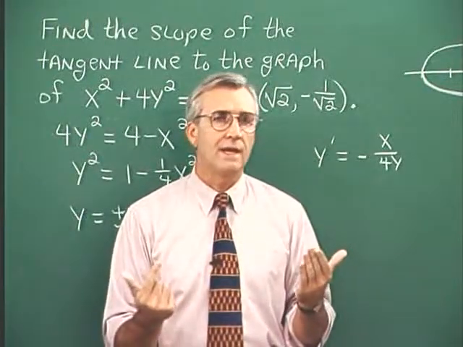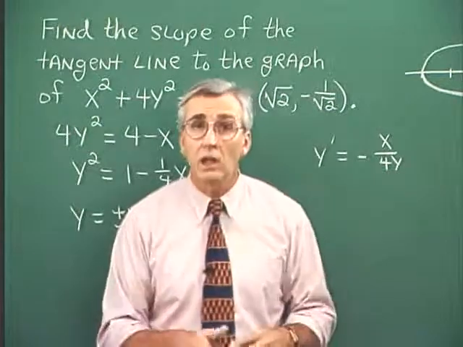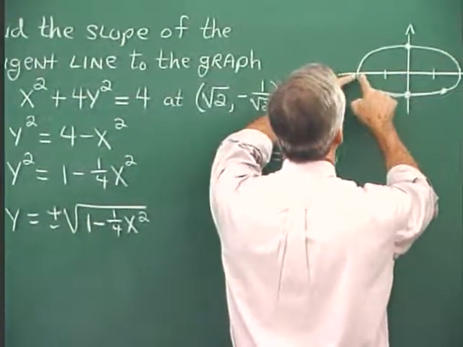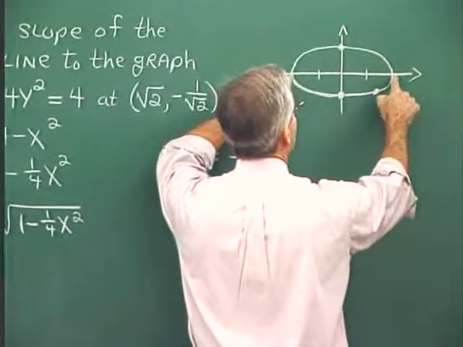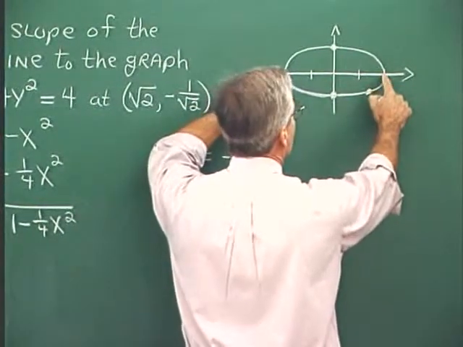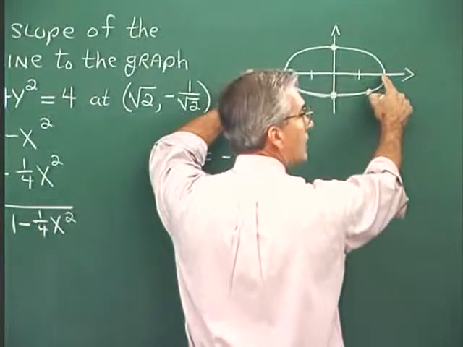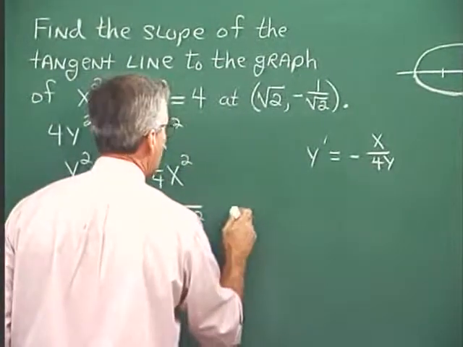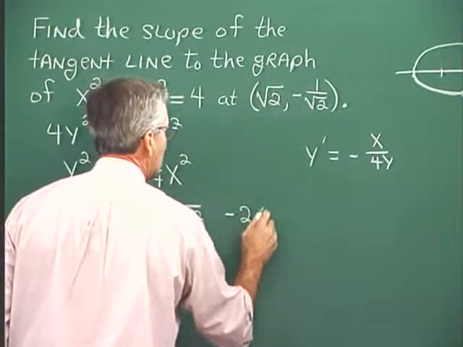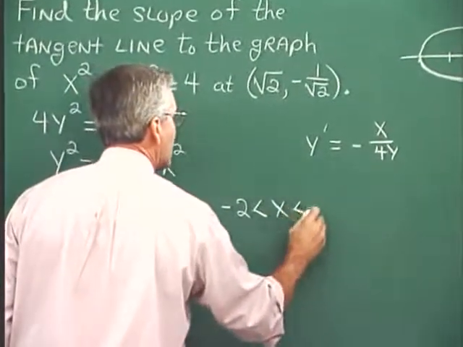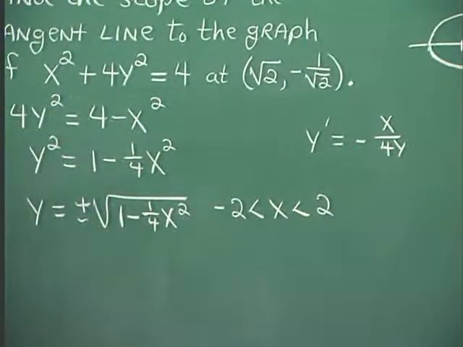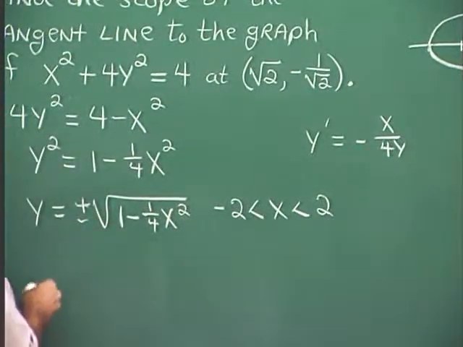And if I want the interval over which they're differentiable, then it would be the interval from, let's look over at the graph, from this point to that point, but not including the endpoints. The endpoints of the interval would not be differentiable, so I would say that we're differentiable for -2 less than x less than 2, if I want to be very formal about that situation. Now, from this point, I could find y prime.